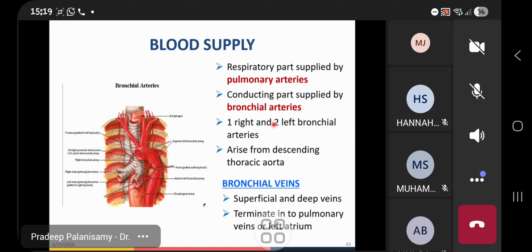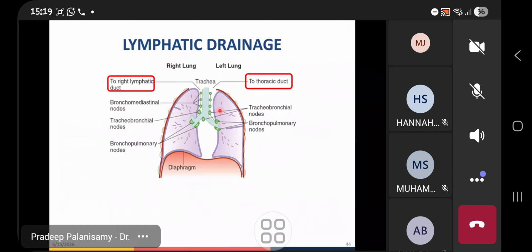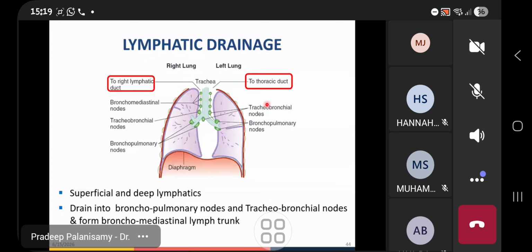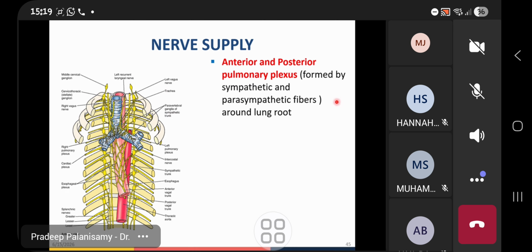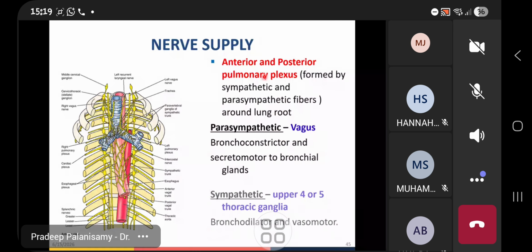Okay, so that is the one. And you do have bronchial veins, and lymphatic drainage, especially on the right side to the lymphatic duct, and finally to the thoracic duct. Right lung will drain into the right lymphatic duct, while the left lung will drain into the thoracic duct. That's the one. Don't worry about nerve supply.